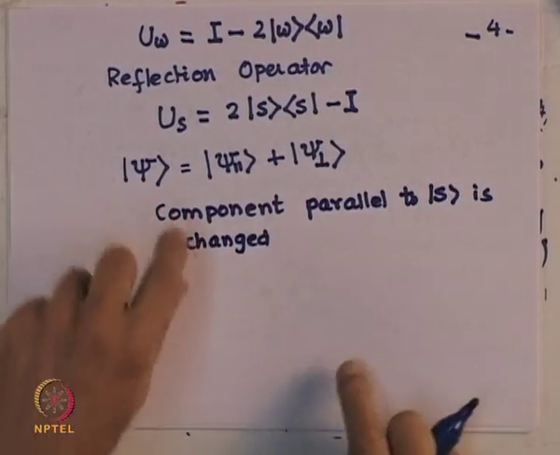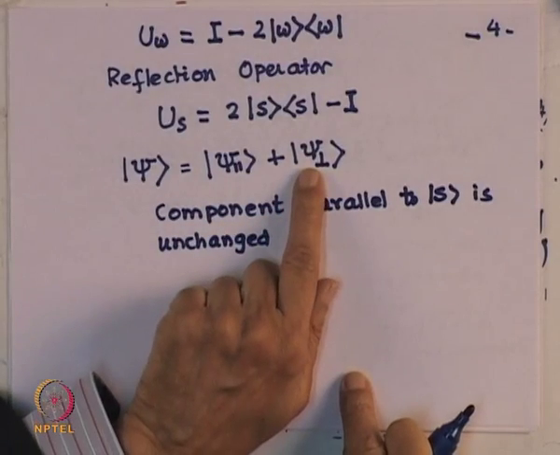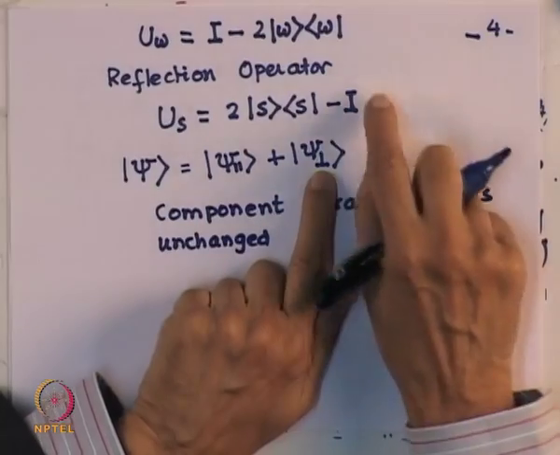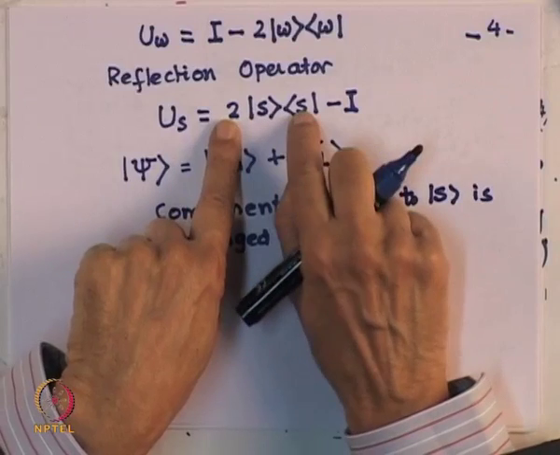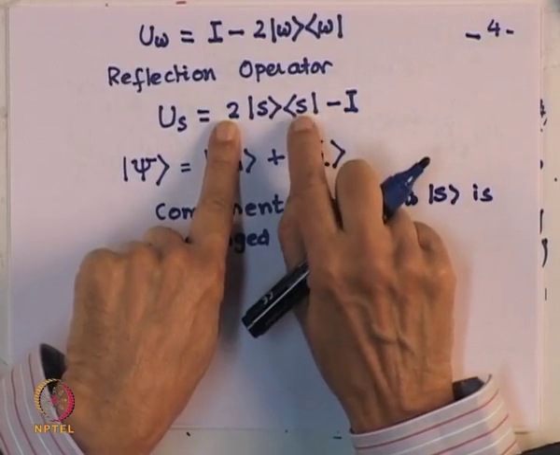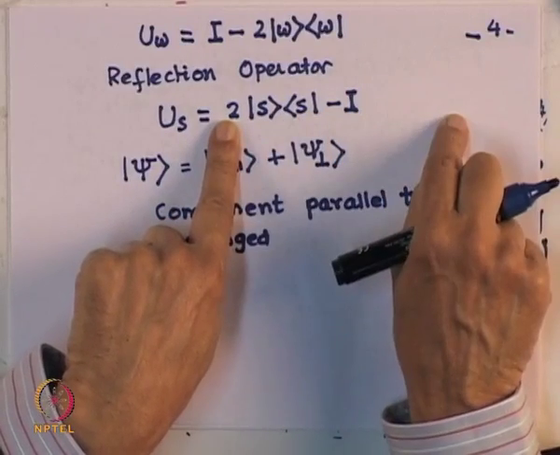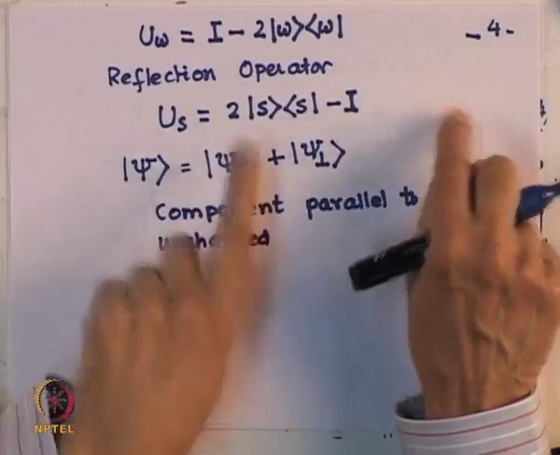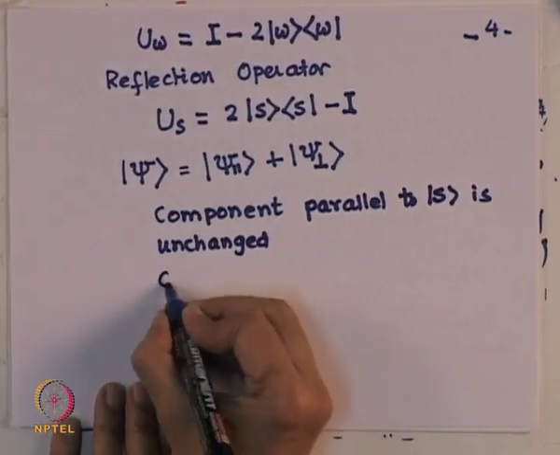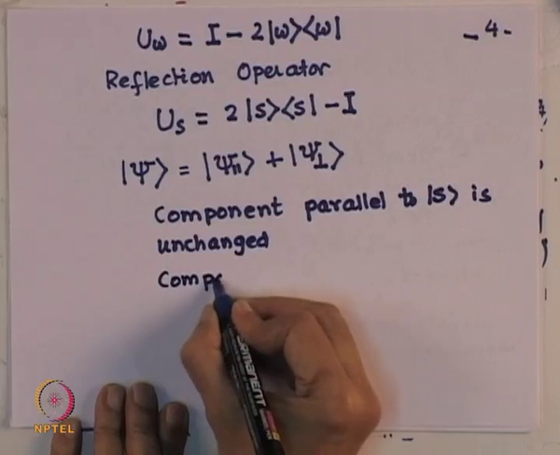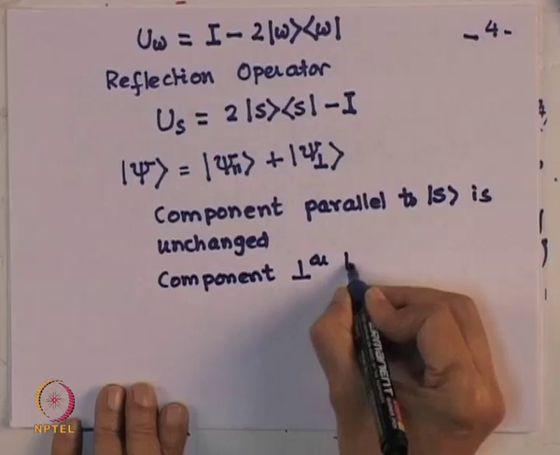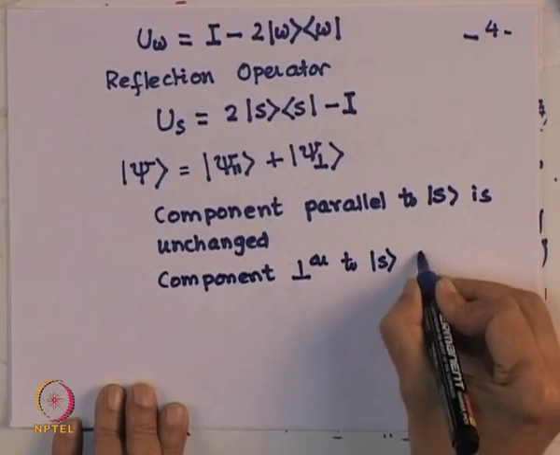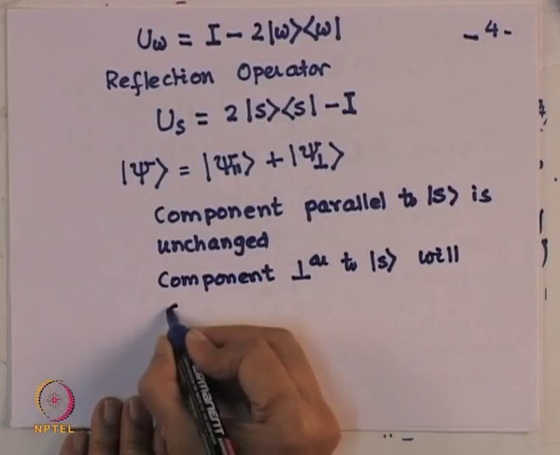But for the state perpendicular to S, this term will give me 0 because the scalar product is 0, and the component perpendicular to S, this is an important point to note, will be flipped, will change sign.